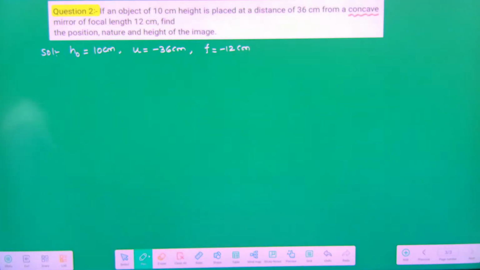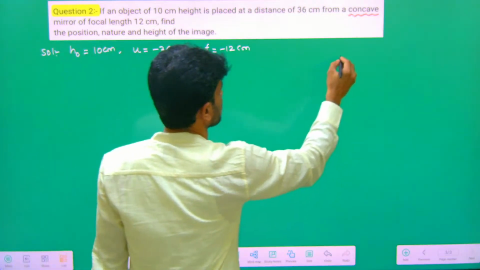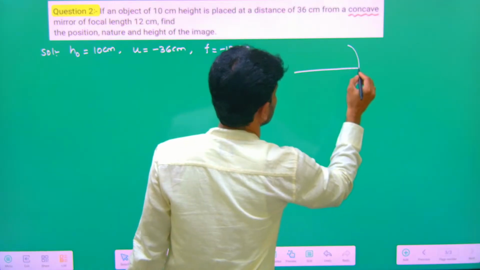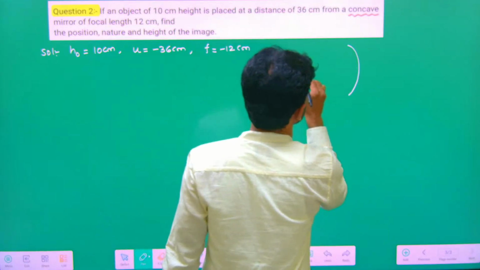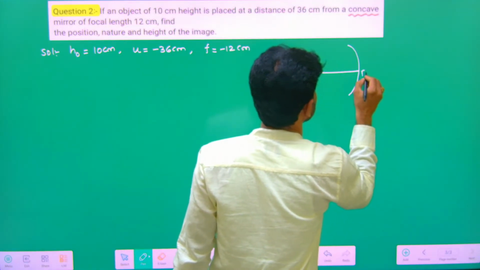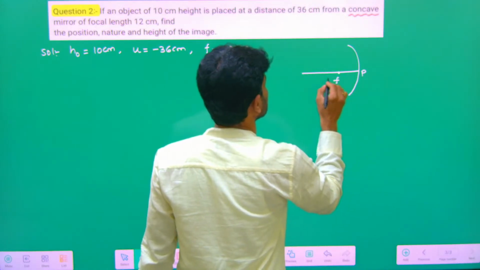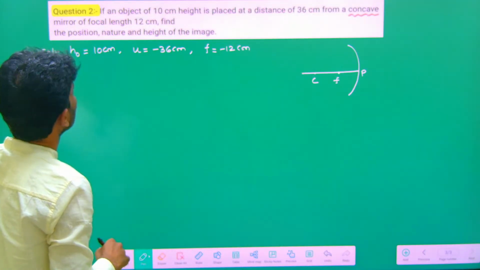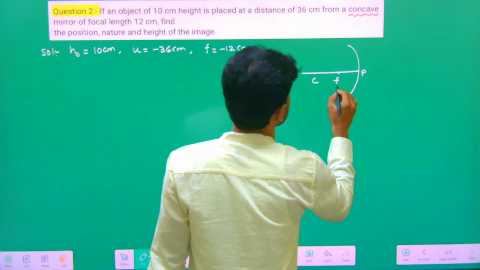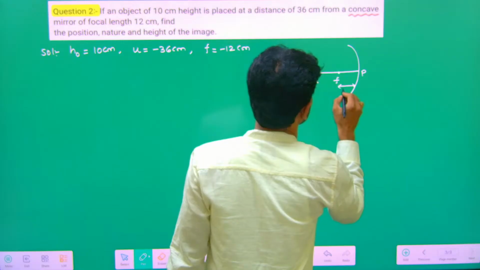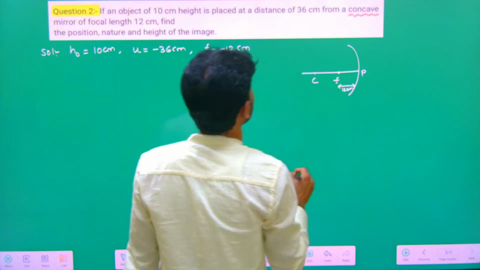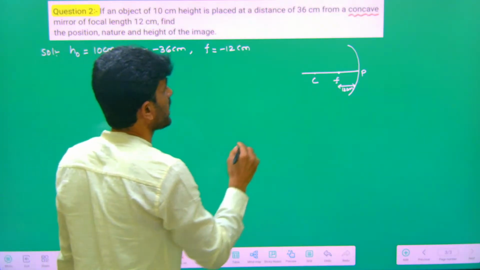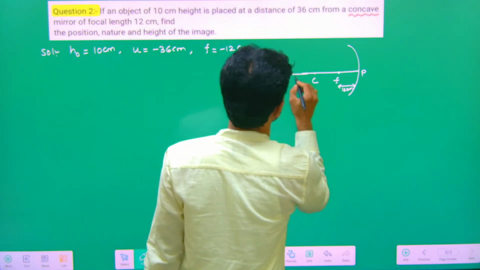You can analyze here also, because it is a concave mirror, you get a full idea. It is better to roughly draw it like this so that you have a better idea of what image distance you have to get. This is the pole, this is the focus, this is the center of curvature. Roughly, what is the focal length? It is 12 centimeters. But the object distance is 36 centimeters, which means how many times the focal length?